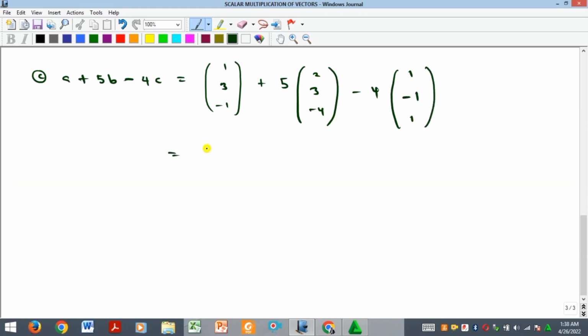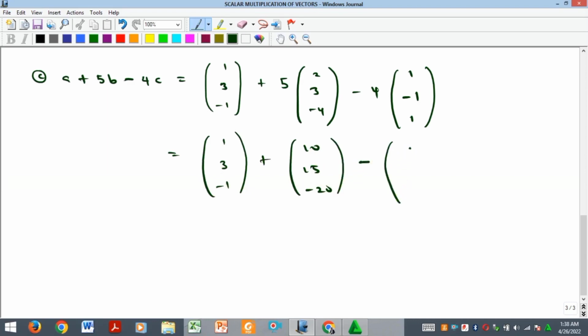And this is quickly going to give us the same thing here, and then here we are going to have 10, 15, minus 20, and then minus, here we will have 4, minus 4, and here we're going to have 4. Remember, I'm only multiplying with 4. I am leaving the negative sign outside.